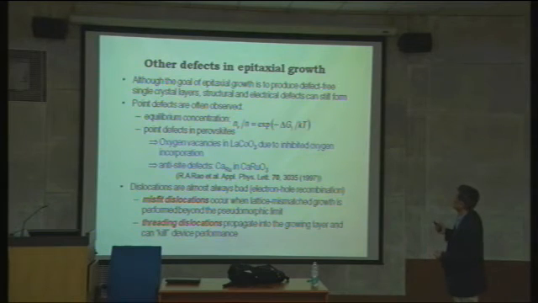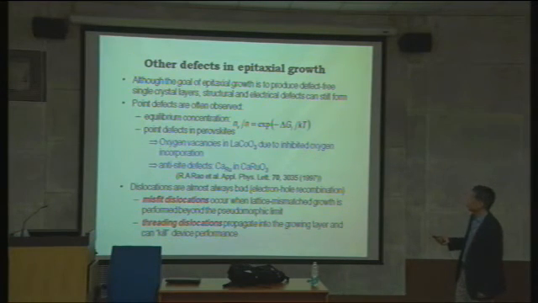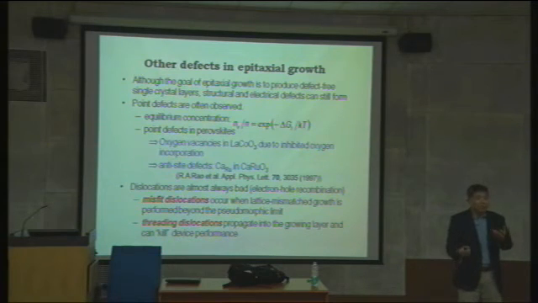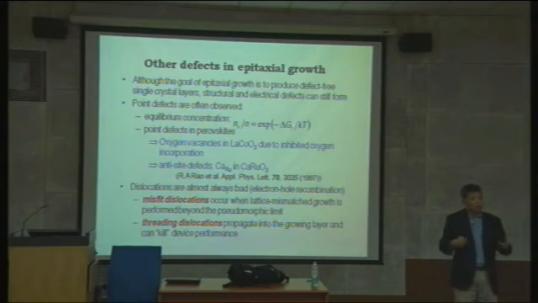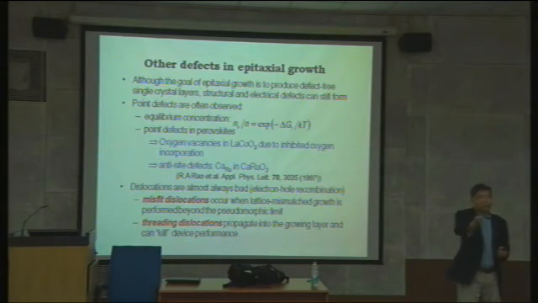Other defects in epitaxial growth are not only dislocations, but you also form point defects. You remember yesterday I talked about point defects: oxygen vacancies, anti-site disorder. Those are all point defects. Sometimes you create point defects to accommodate the lattice mismatch. Rather than creating a dislocation, I generate point defects to make the lattice parameter bigger or smaller to accommodate it.